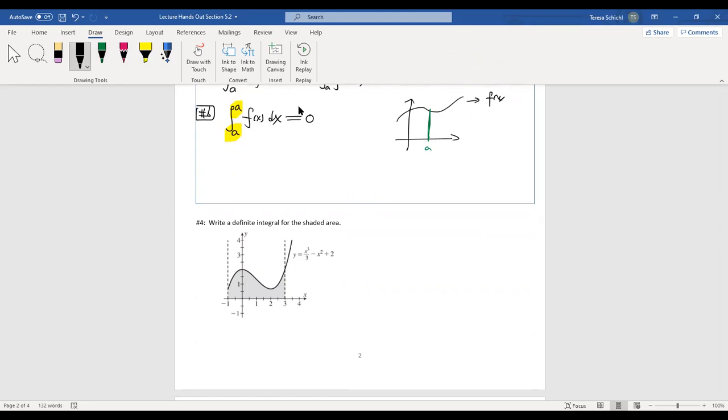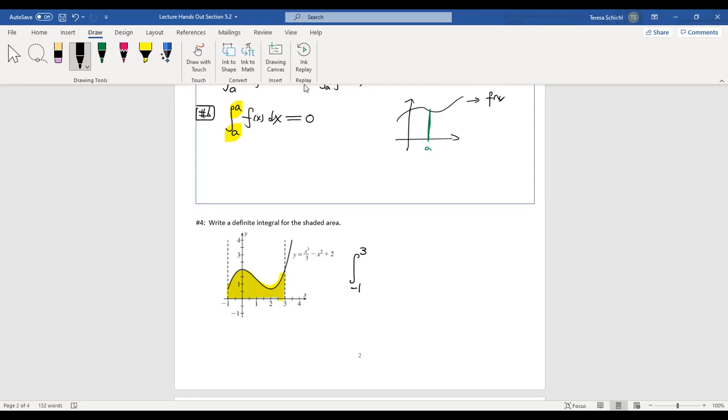Let's say I write a definite integral for the shaded area. So this shaded area is the area under these curves, right? I know this function is non-negative, so I can write the shaded area as an integration. What is my boundary? It's from -1 to 3.